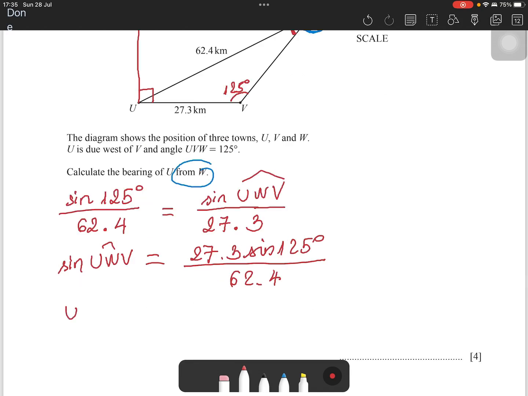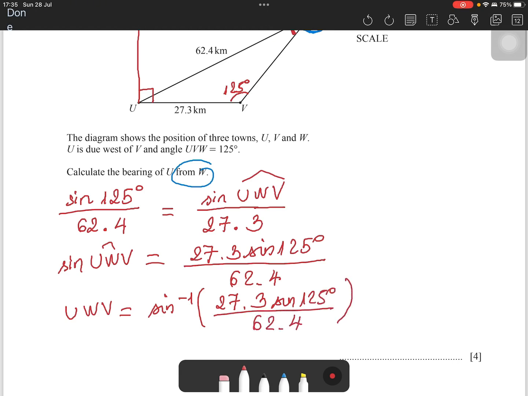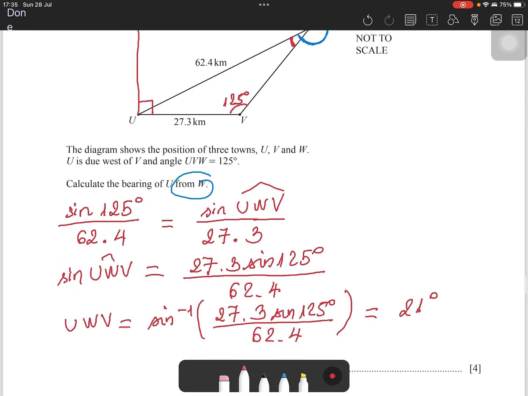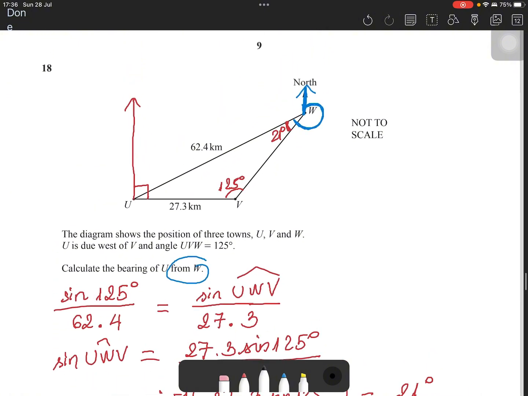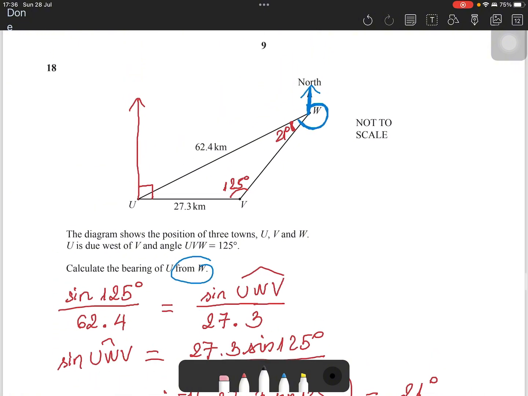And then we can find the angle UWV using the inverse of sin of 27.3 sin 125 degrees over 62.4. So this is equal to 21 degrees. So this red angle is 21 degrees. And now look at the triangle UVW.